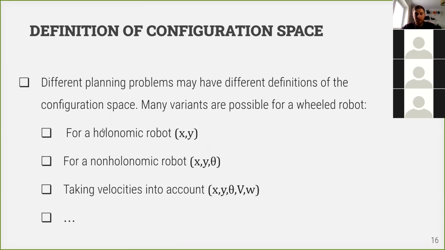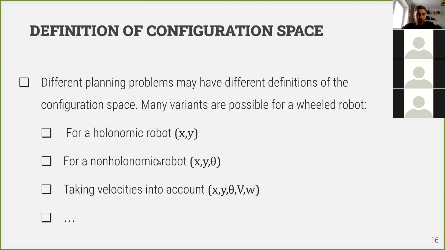So for example, you remember we can have holonomic robot, which can instantaneously change the velocity and direction of motion. For such robot, the orientation is not really important because we can move in any direction immediately. That is why for such types of robots, configuration space is usually set just by coordinates X and Y.